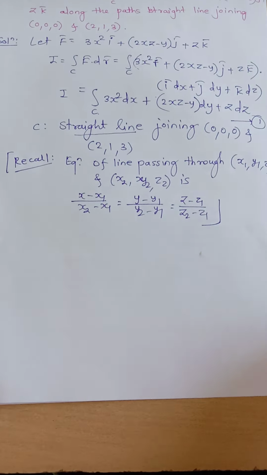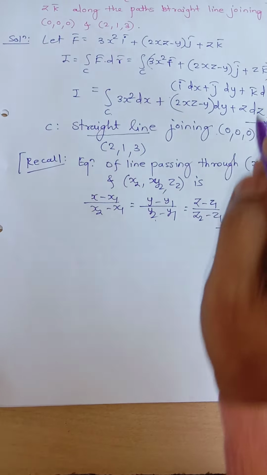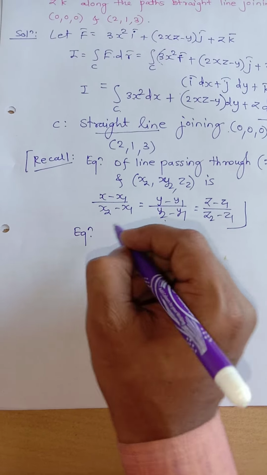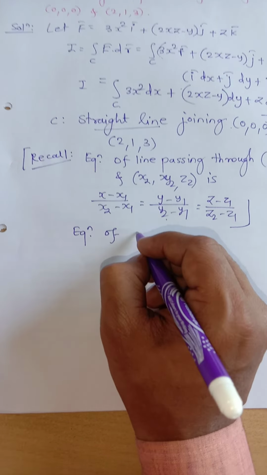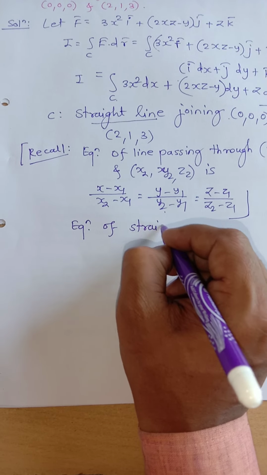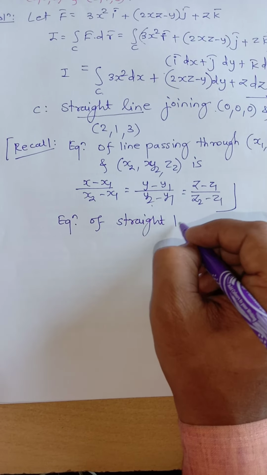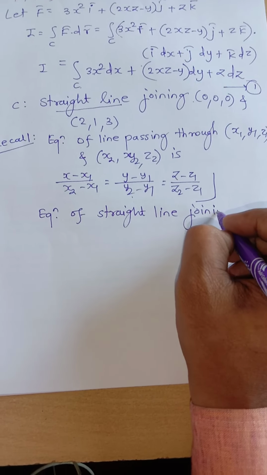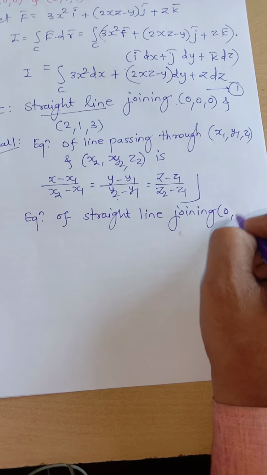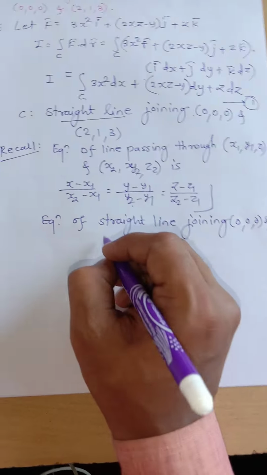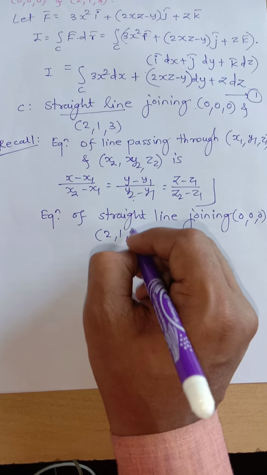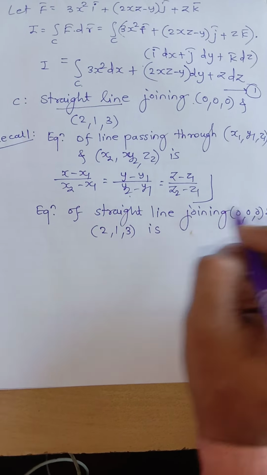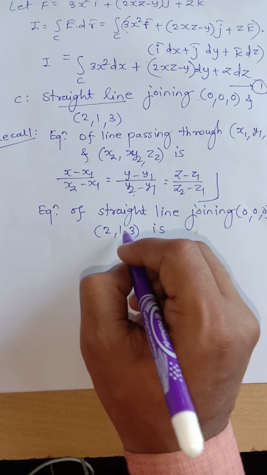So recall this concept. We have to use this concept here. The equation of the straight line joining the points (0, 0, 0) and (2, 1, 3): x1, y1, z1 is 0, 0, 0, and x2, y2, z2 is 2, 1, 3.